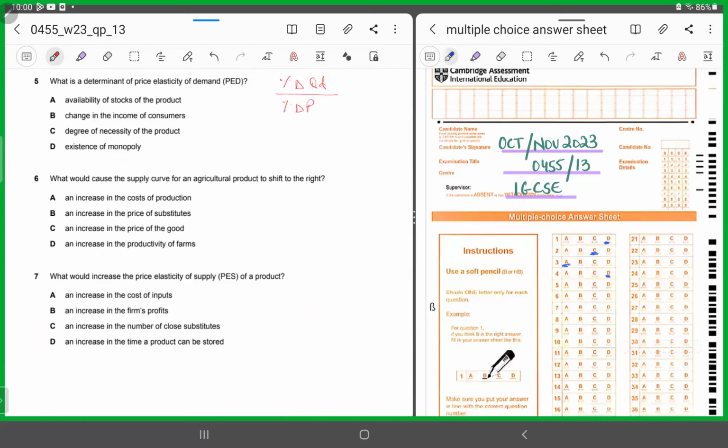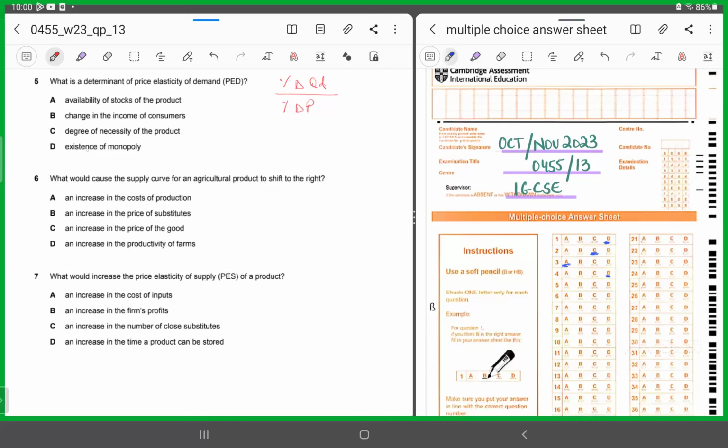Now, what does price elasticity of demand tell you? It shows you the degree of the necessity of the product.